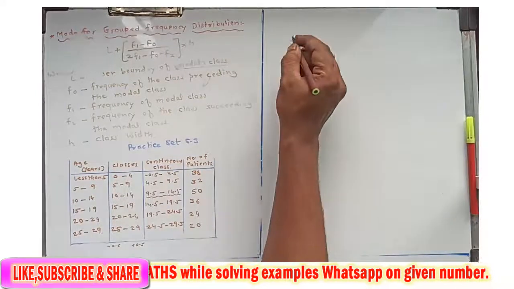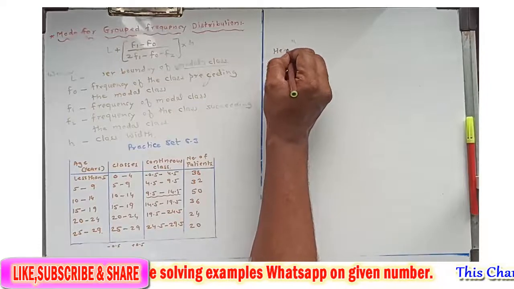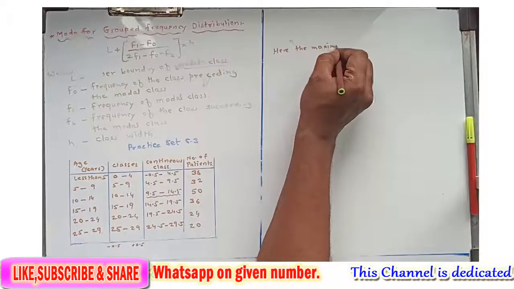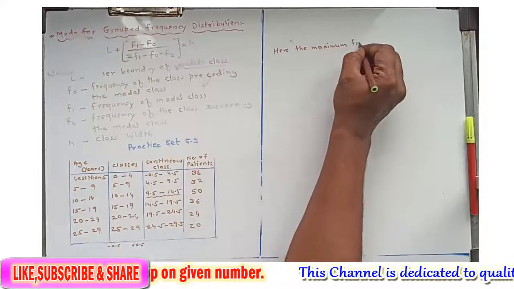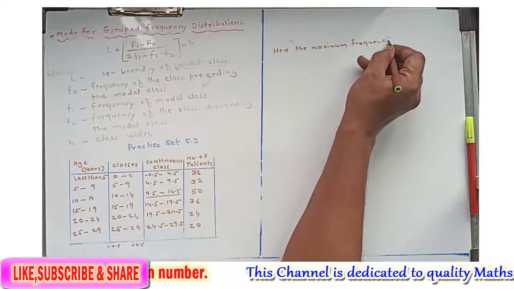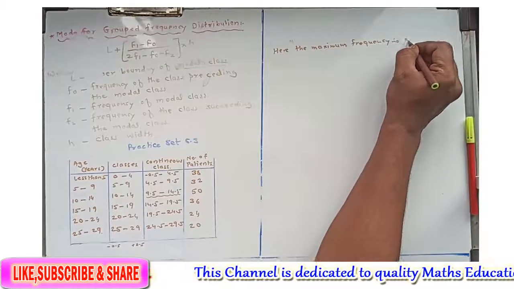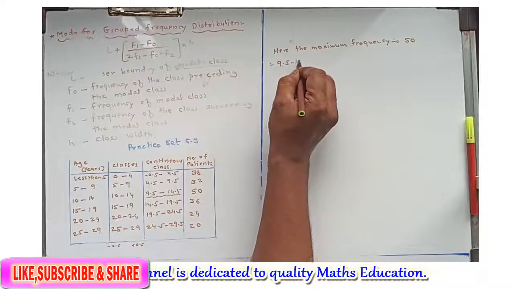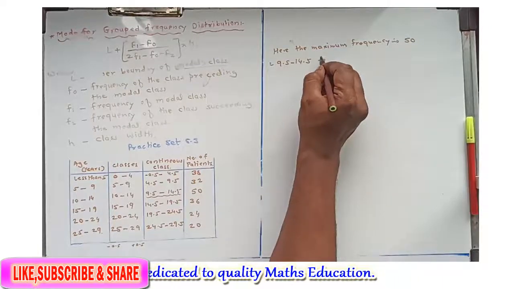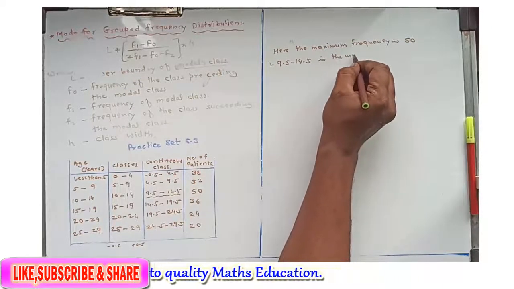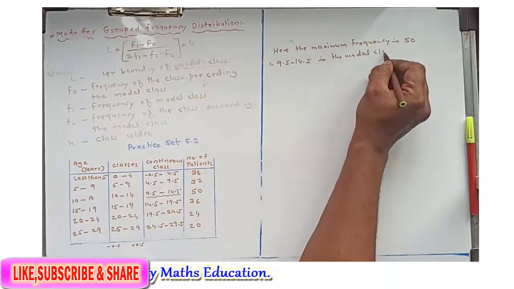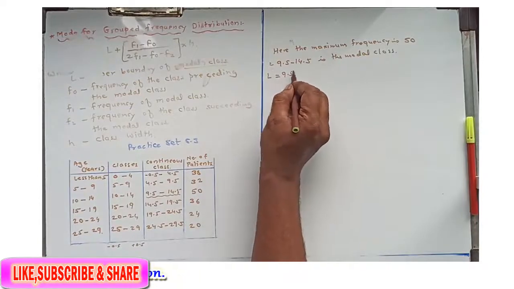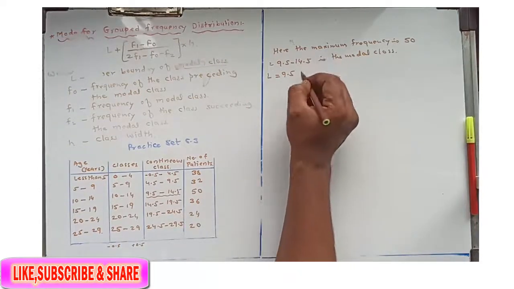So here we write the solution like this. The maximum frequency is 50. Therefore 9.5 to 14.5 is the modal class. Now find L. L is nothing but the lower boundary of the class, that is 9.5.